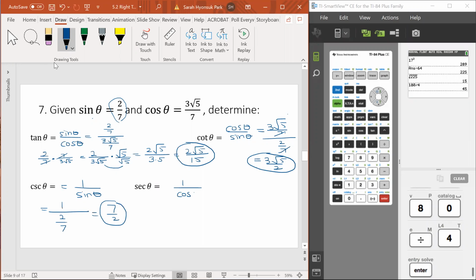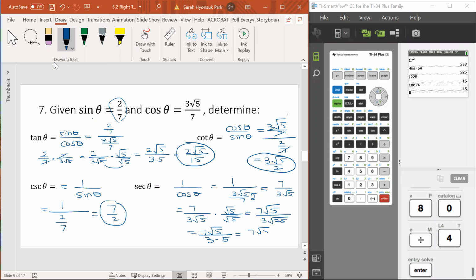So what that means is it's 1 over 3√5/7, which means just flip that around and it's 7/3√5. We don't want radicals in the denominator, so let's rationalize by multiplying the top by √5 and the bottom by √5. It becomes 7√5 over 3 square root of 25, which is 7√5 over 3 times 5, giving us 7√5/15.